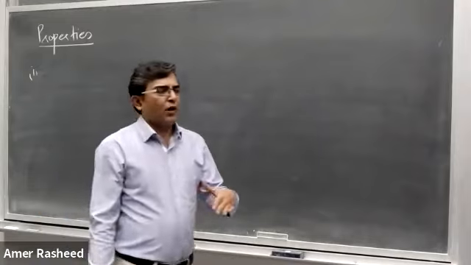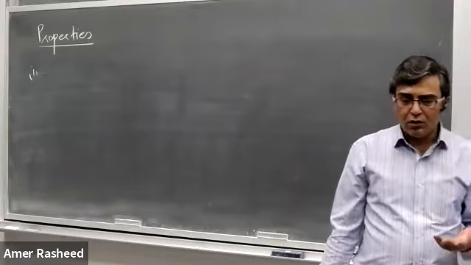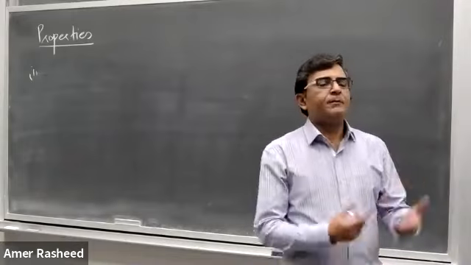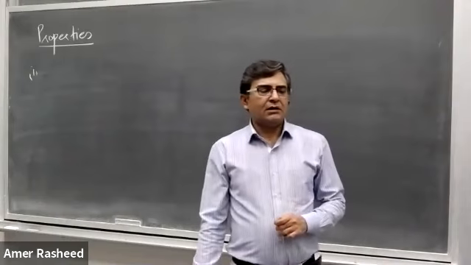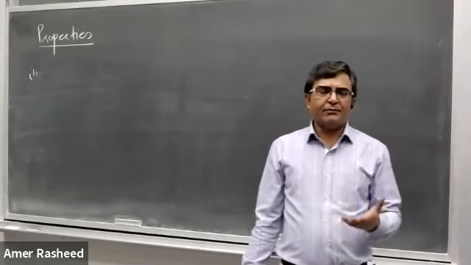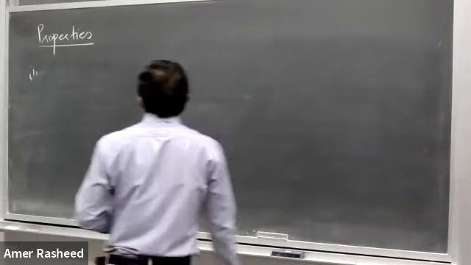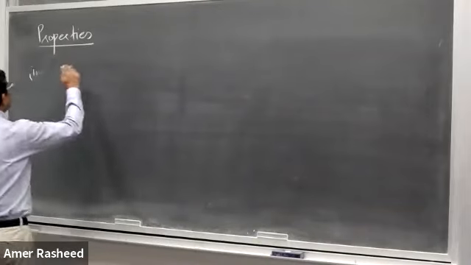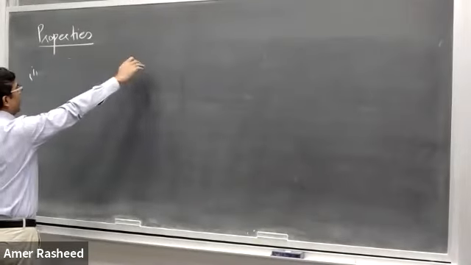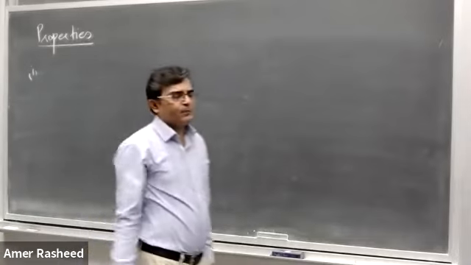Because if one row or one column is a multiple of some other row or column, then we can make one of these two columns or rows 0 by applying an elementary row operation. Some other properties I discussed with you. We can take a constant out of a determinant from any one row or any one column.